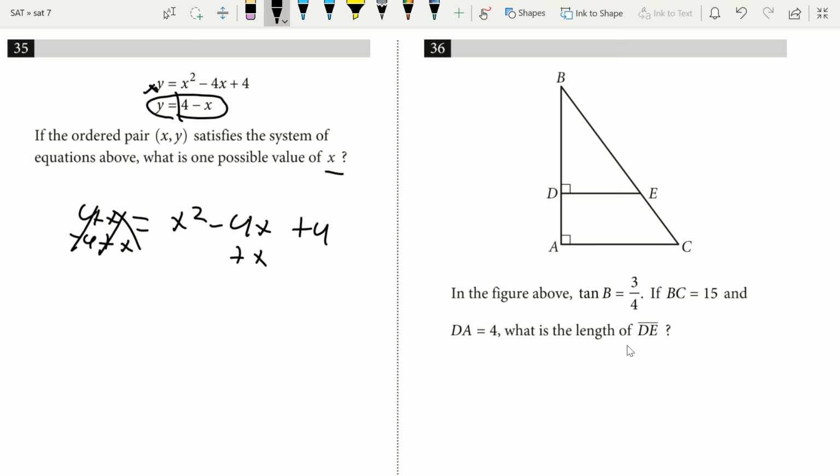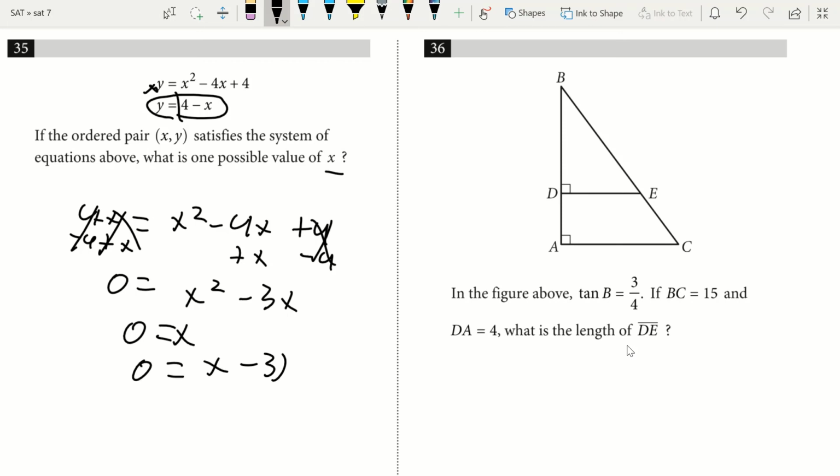Those cancel there, leaving me with 0. Subtracting 4 from each side will cancel that. So now I've got x squared minus 4x, but then plus x, so that gives me minus 3x. Now I can factor out x. So I get 0 equals x times x minus 3.